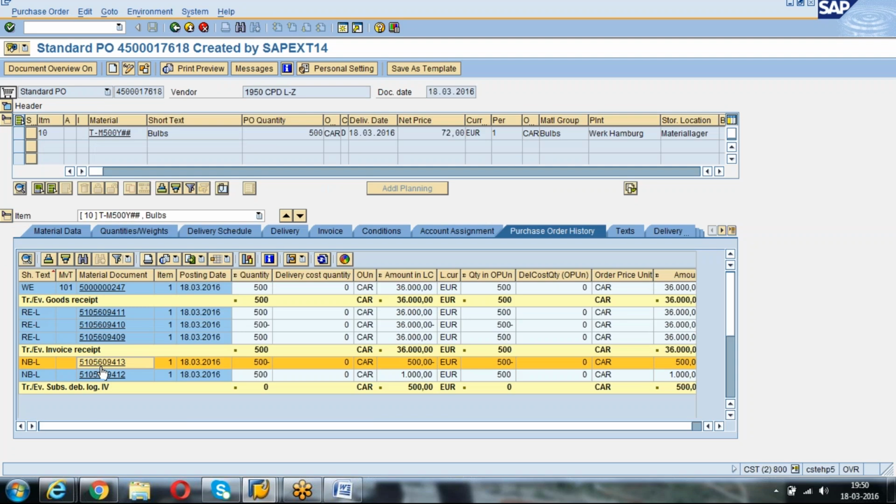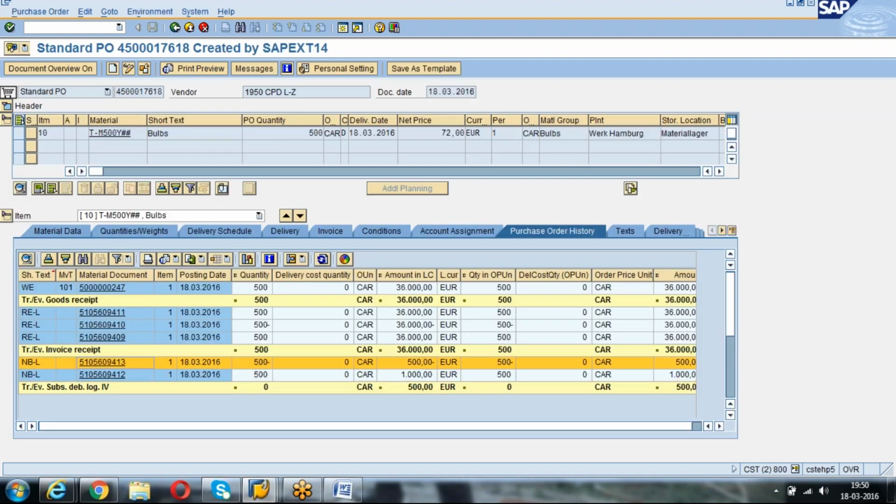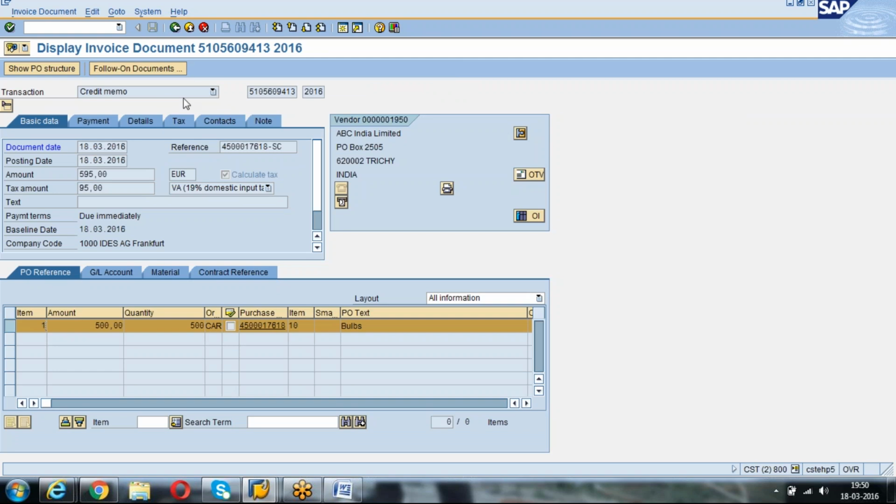See, in the document also, when you go to subsequent debit, subsequent debit is looking like an invoice. Subsequent credit during display looks like a credit memo. For 500 value, you are sending.